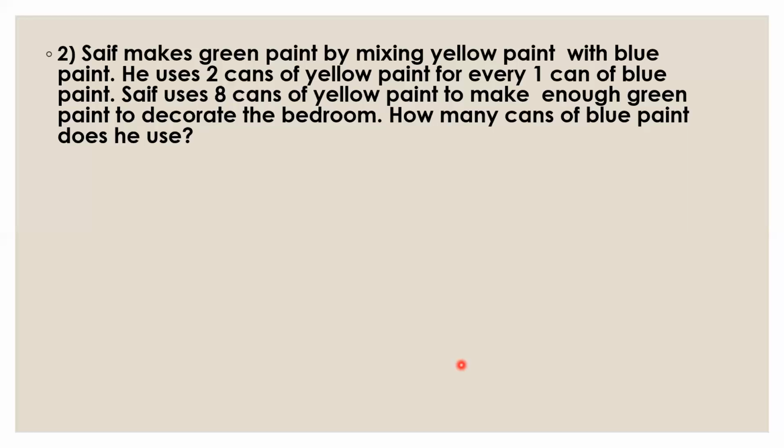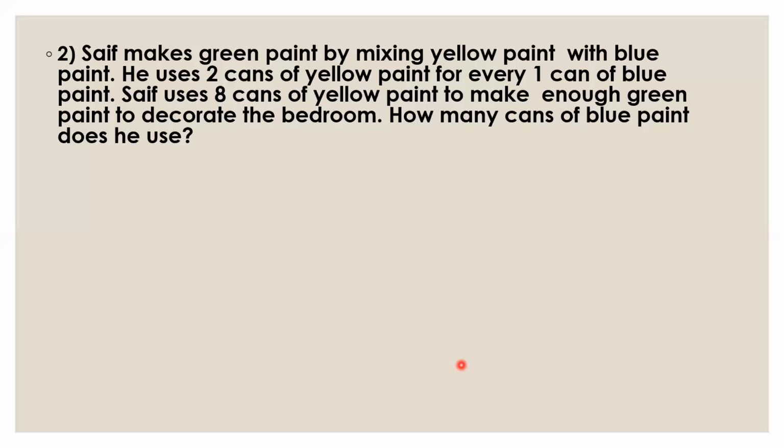In the next sentence, it is telling that he uses 2 cans of yellow paint for every 1 can of blue paint. So in the first sentence, it is said that he is mixing 2 colors, yellow with blue, to get a green paint. Now they're giving the ratio, how they are mixing the paint.